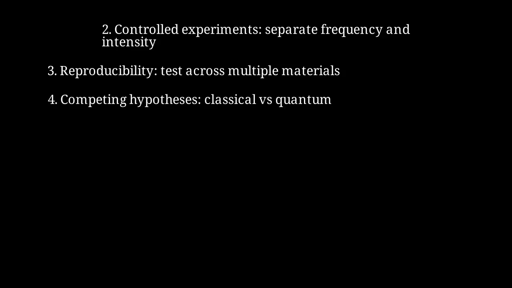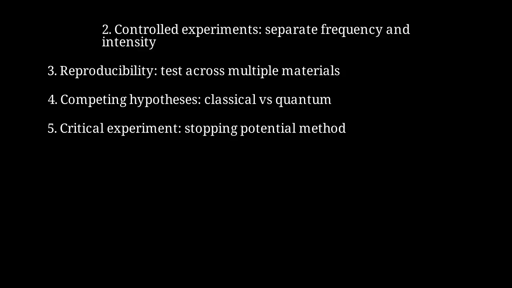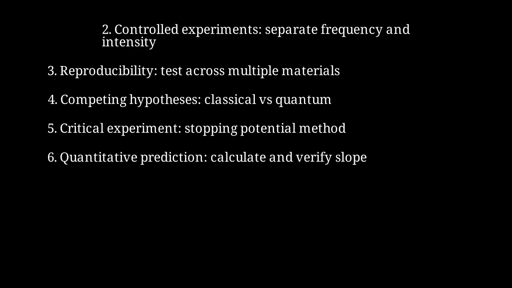Step 4. Competing hypotheses. We formulated testable alternatives and showed classical accumulation time fails. Step 5. Critical experiment. The stopping potential experiment provided quantitative validation of Einstein's equation. Step 6. Quantitative prediction. We calculated the universal slope, h over e, and found perfect agreement with experiment.